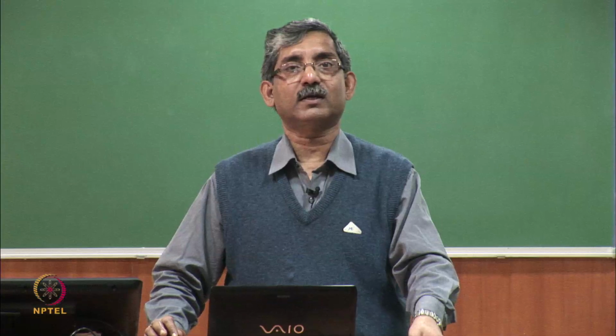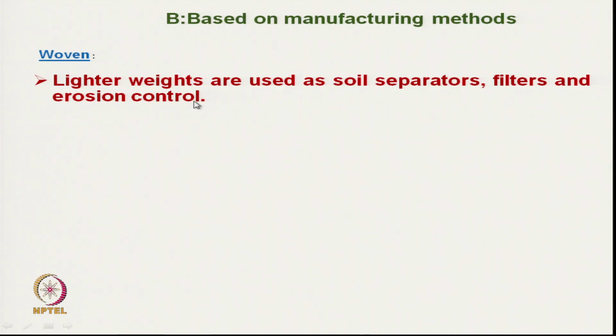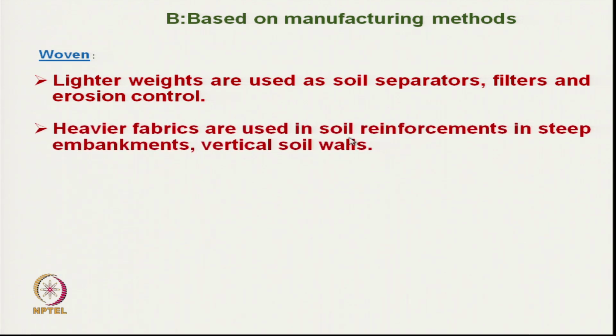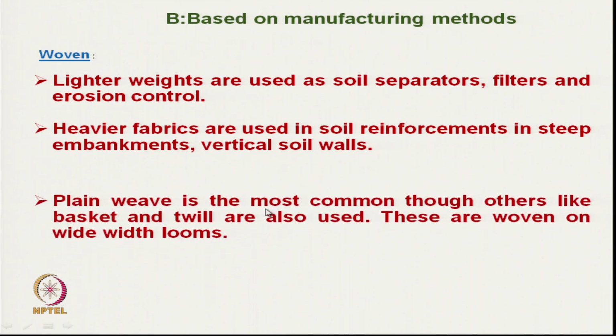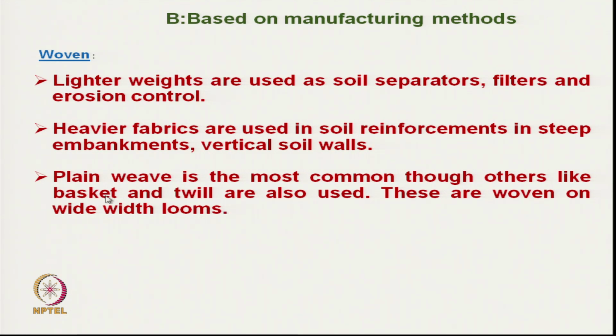Woven geotextiles of lighter weight are used for soil separation, filtration and erosion control. Heavier fabrics are used for soil reinforcement, and among the woven fabrics, plain weave structure is most commonly used. Sometimes basket and twill fabrics are used, and woven geotextiles are normally manufactured on wide width looms, not like apparel or other normal fabric.